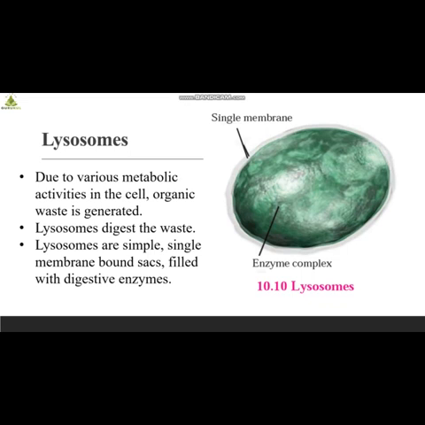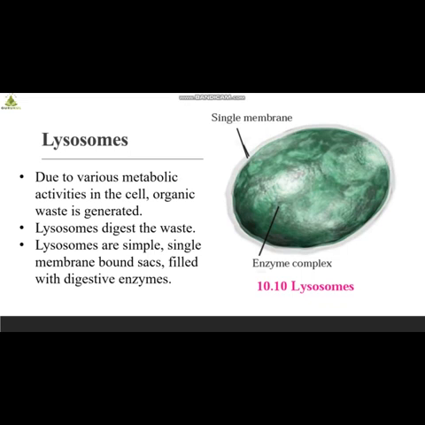Students, lysosomes are very simple in structure. If you see on my right hand side, the figure 10.10 given in the textbook, you can see an oval shaped structure with a single membrane, and different enzymes are present inside this structure.